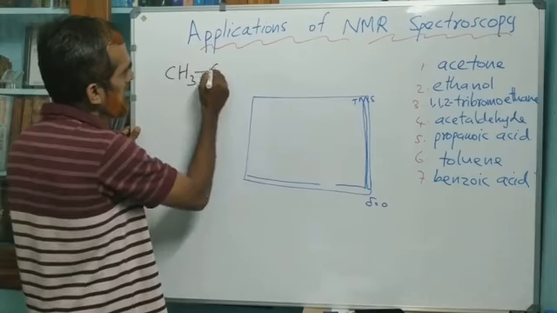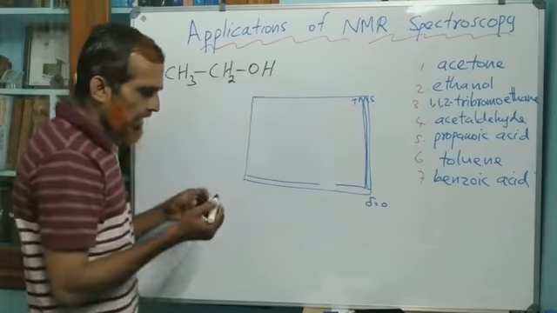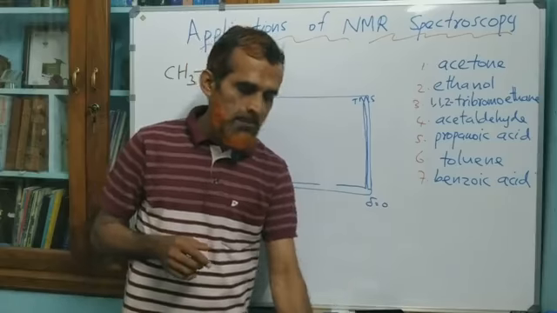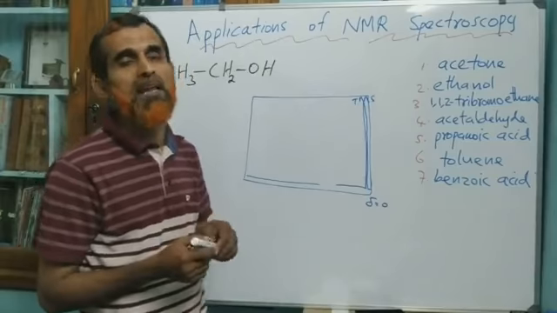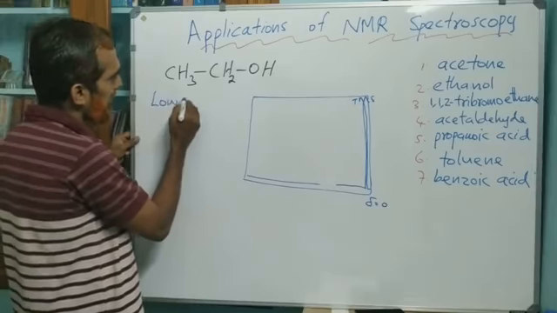Let us draw the structure: CH3, CH2OH. Now actually there are 2 types of NMR spectroscopy. One is low resolution NMR and the other is high resolution NMR. So what is low resolution NMR?